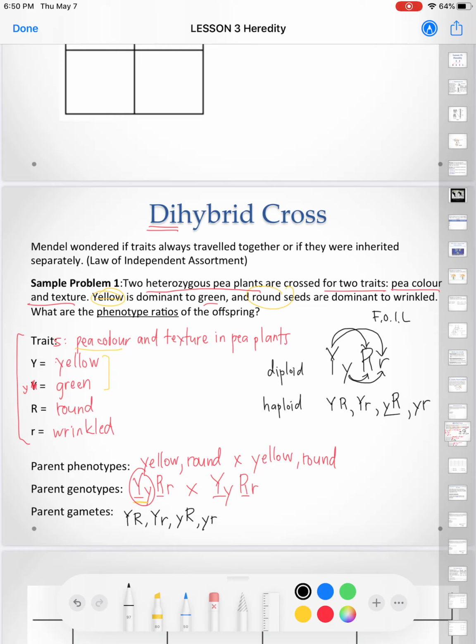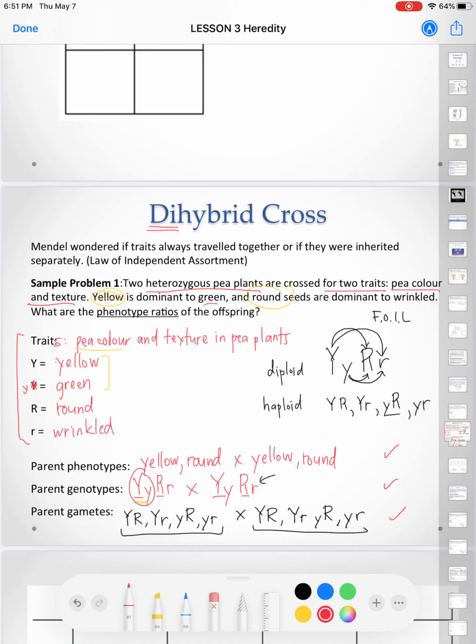So it's every possible combination. So 4 different gametes from parent 1. And because parent 2 has the same genotype, we can just put in the same 4 gametes. So that's kind of nice. There. So that would be 3 marks right there.